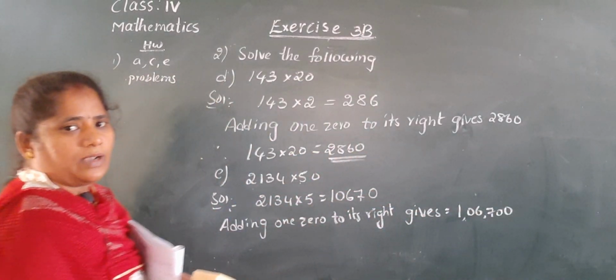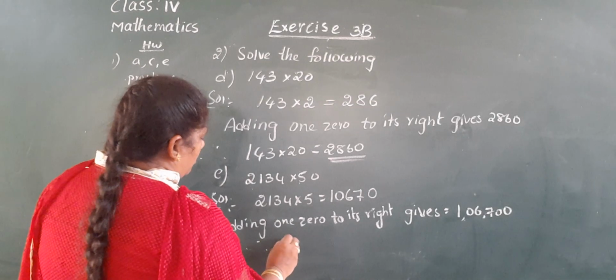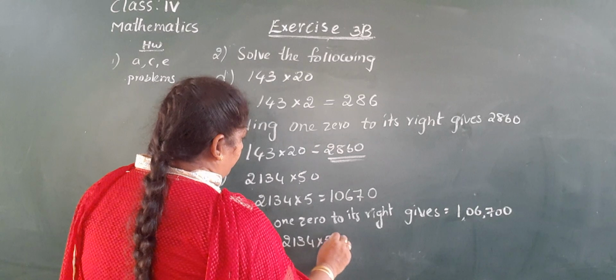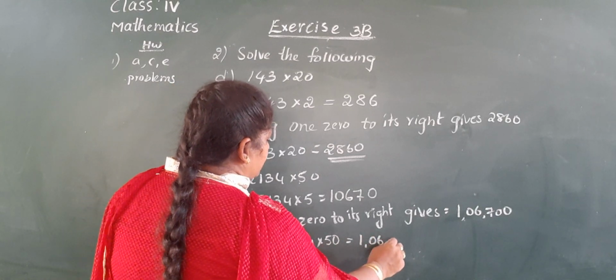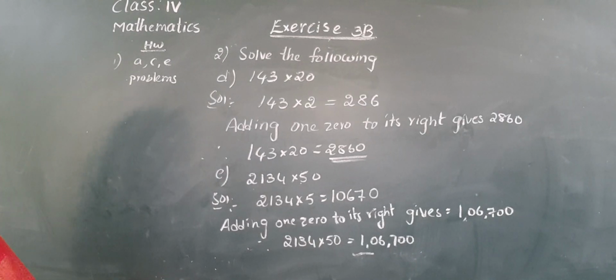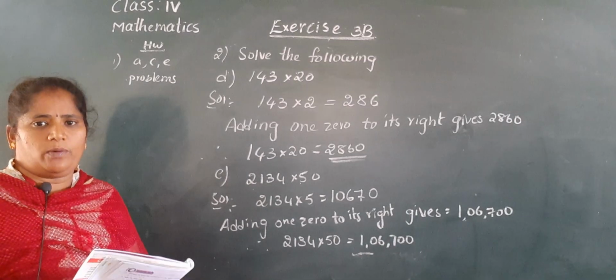So therefore, 2134 into 50 equal to 1,06,700. Finish. Note down in your classwork. Now exercise 3B is over, Nana.